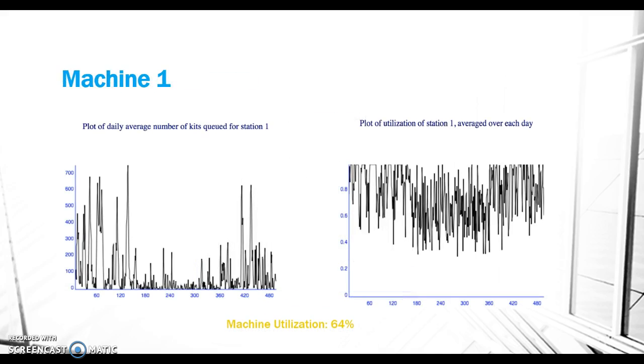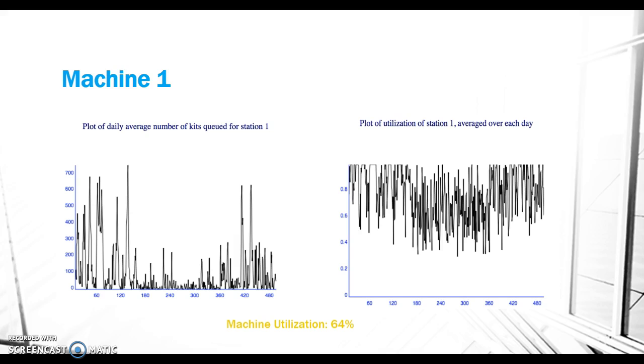And here are our results for machine 1. On the left here, it's a plot of our daily average number of kits queued for Station 1. You can see in the graph around here that we purchased a new machine, which we did because, as you can see in the graph, we were hitting 100% utilization. And then the graph on the right is a plot of the utilization of machine 1 averaged over each day.